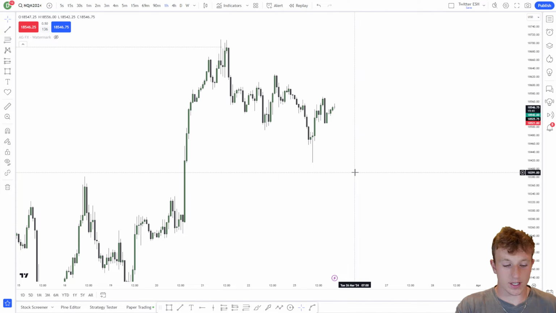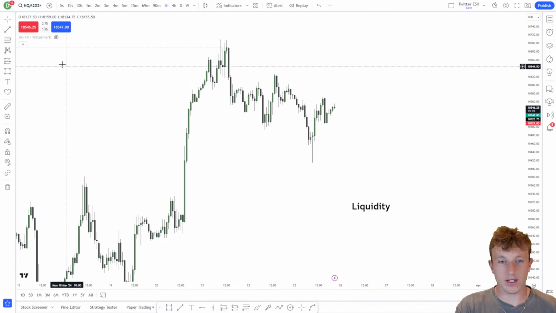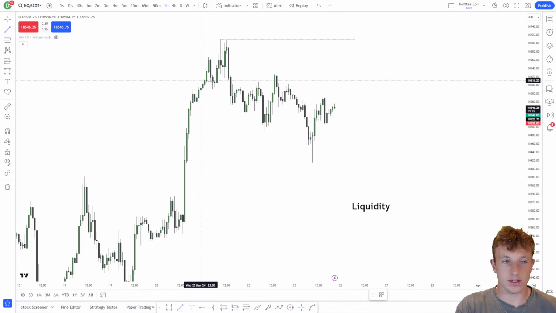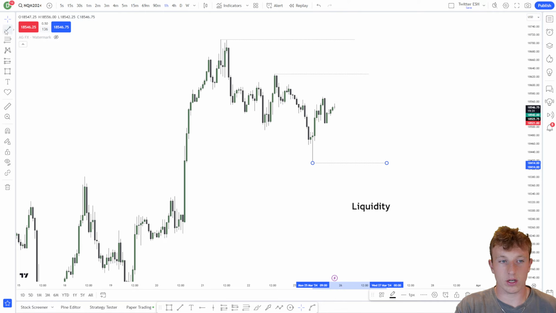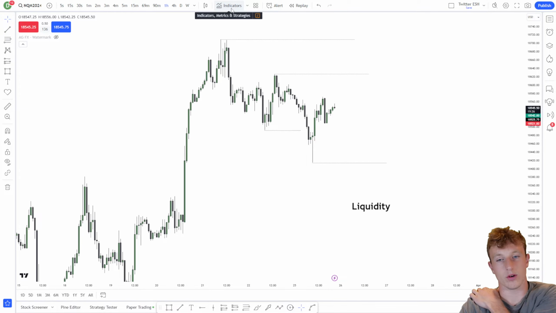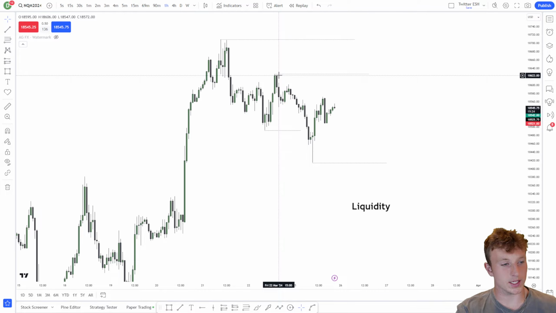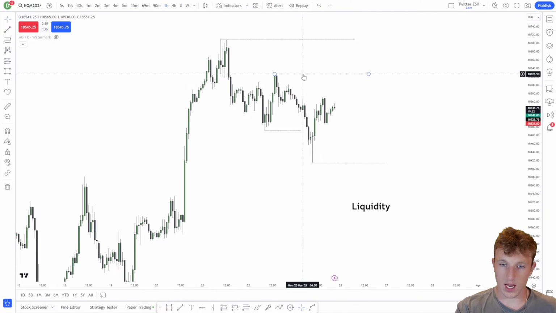So what actually is liquidity? It's literally every high and low you see. So it's this high, it's this high, it's this low. And like I said, if you turn on an indicator called support and resistance, it usually marks out all these highs. Now a lot of people see this as support and resistance.